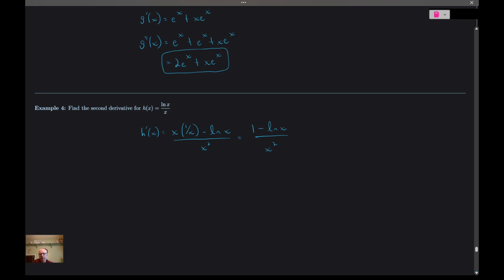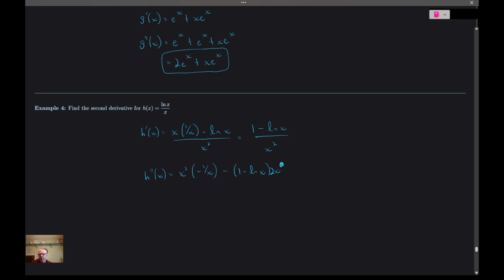And then let's take the second derivative. We got to use the quotient rule again. This time, the quotient rule doesn't really get too much more complicated. We got a little bit more on the top, but not really a big deal. So we have the bottom times the derivative of the top minus the top times the derivative of the bottom.